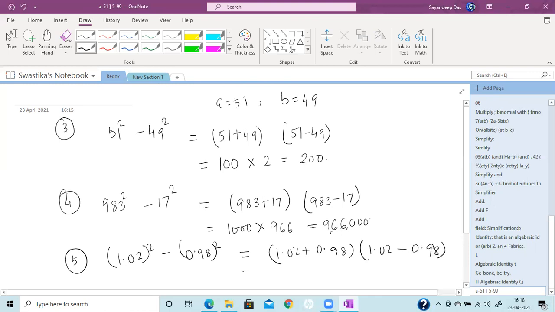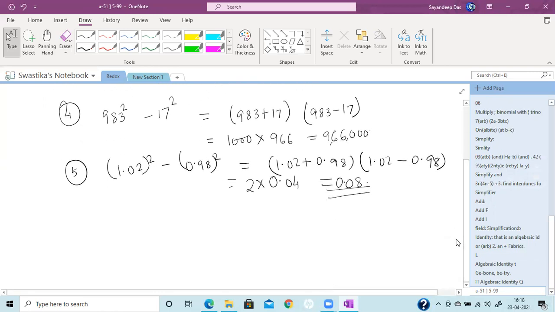This is equal to 2 into 0.04, or the answer is 0.08. So nicely you have seen that whether fractions are given, numbers are given, or decimals are given, you can solve this kind of problems very easily by using the third identity.